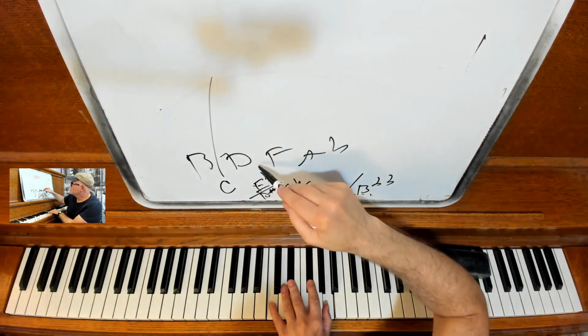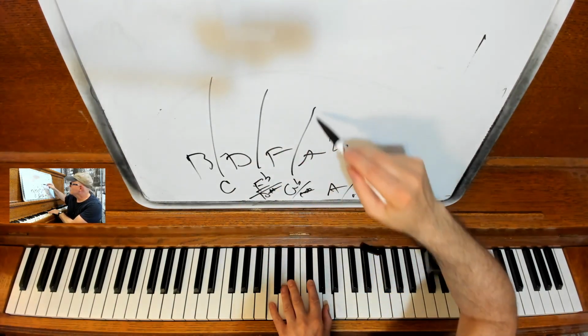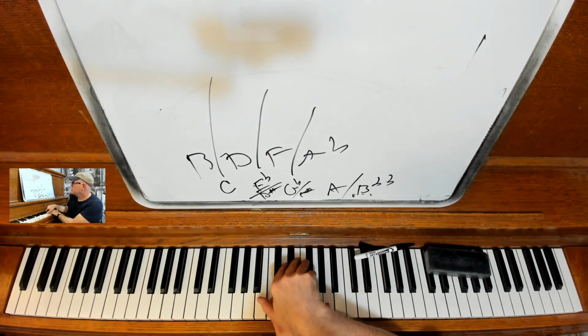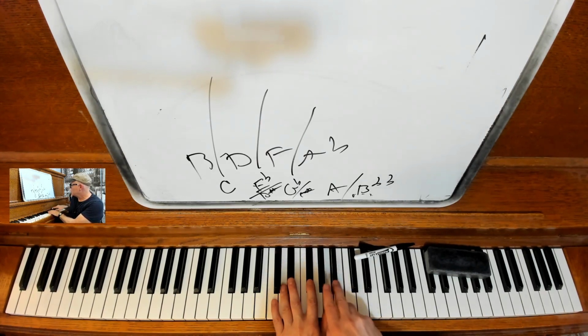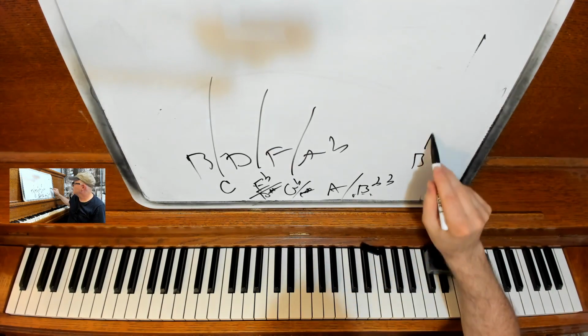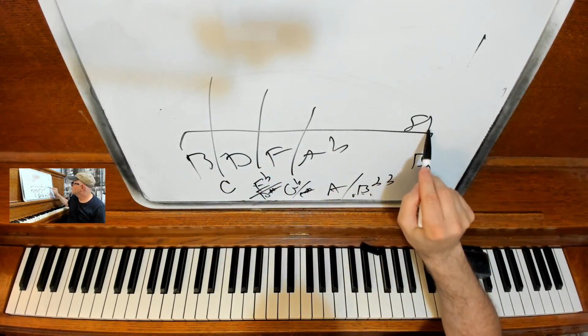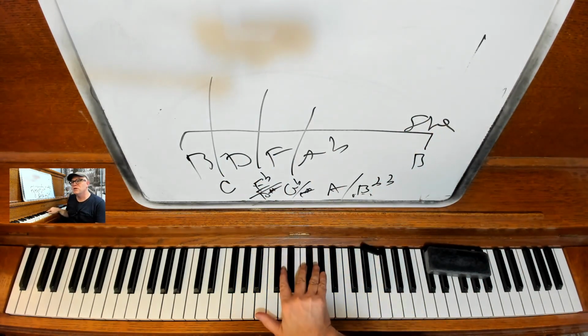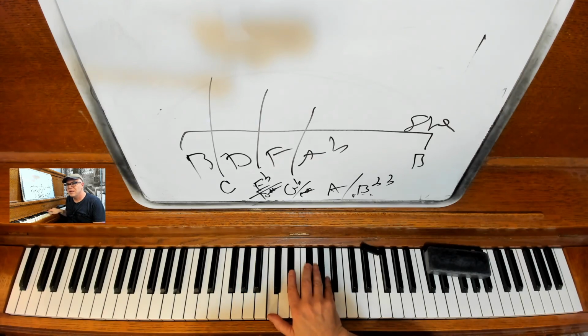But you have these notes in between, so it's B, C, D, E flat, F, G flat, A flat, A, and then you're back to the B again. There's your octave. So that's two. That's this diminished chord and this diminished chord together.